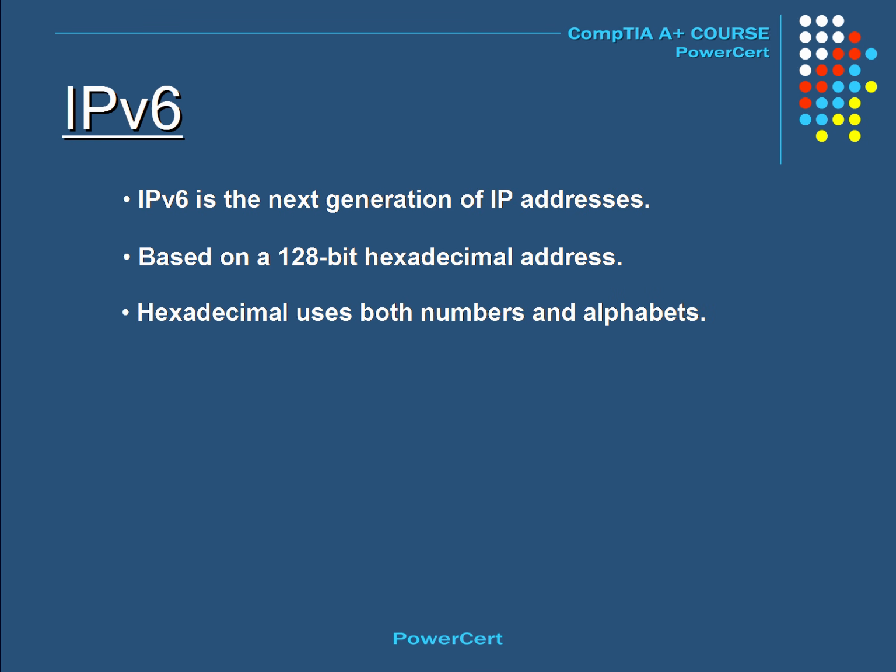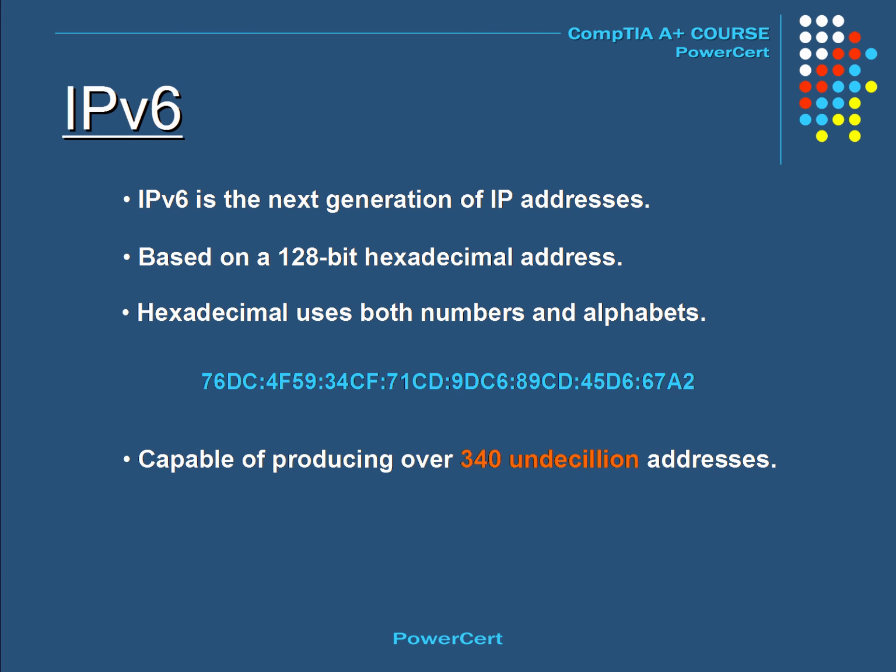Hexadecimal uses both numbers and alphabets in the address. So with this type of address, IP version 6 can produce over an unbelievable 340 undecillion IP addresses. That's the number 340 with 36 zeros after it. So as you might have guessed, IP version 6 is more than enough for the foreseeable future.